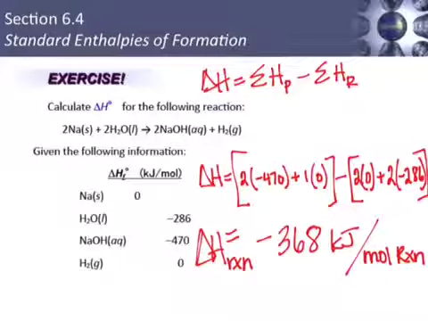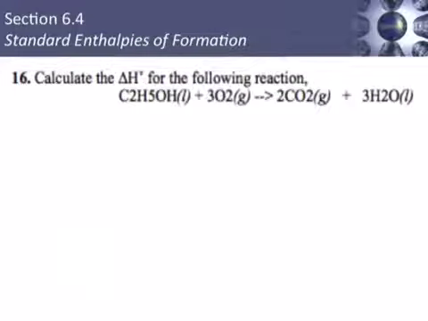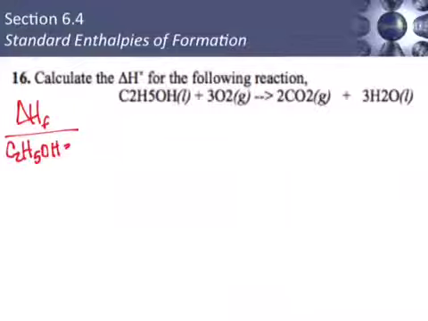Everybody good? Okay, so here's some information that was left out of here that we need to write. I need to give you the delta H's for these. So for C2H5OH, it is, and this is going to be kilojoules per mole, negative 278, and that's liquid.